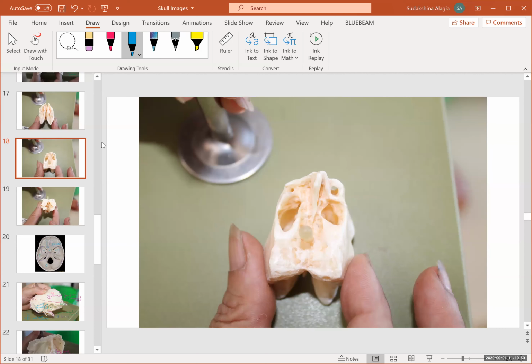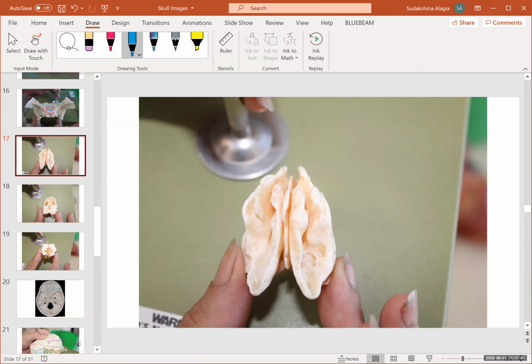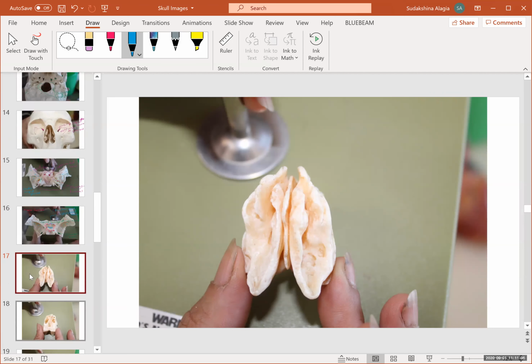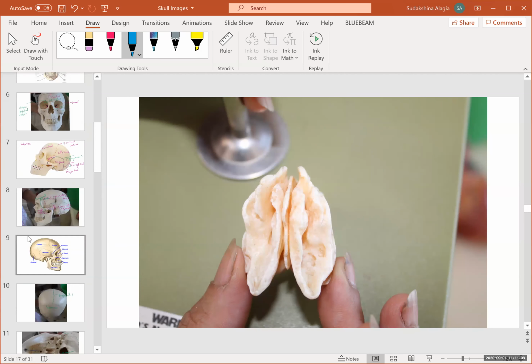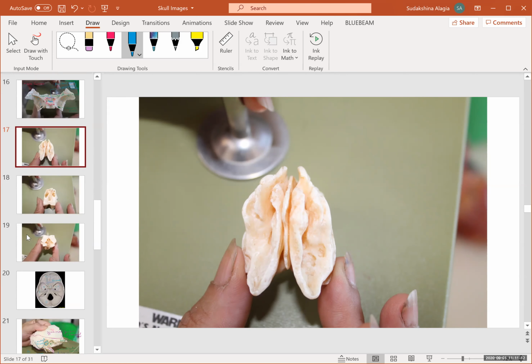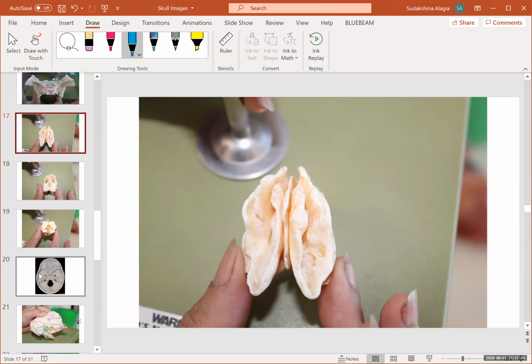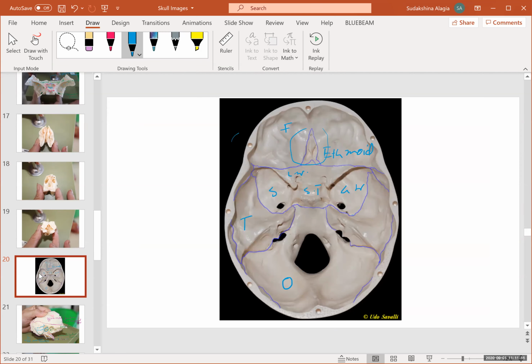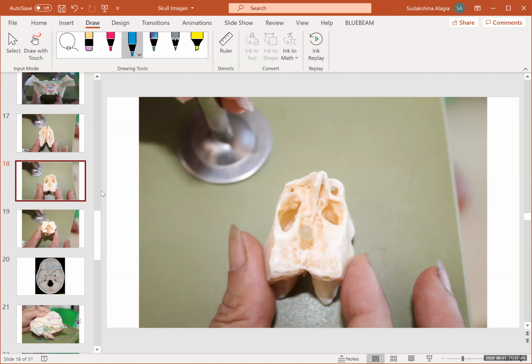This is what we were looking at earlier. Where is the floor of the cranium? Oh, here. We are looking at the same reference, from the superior view.